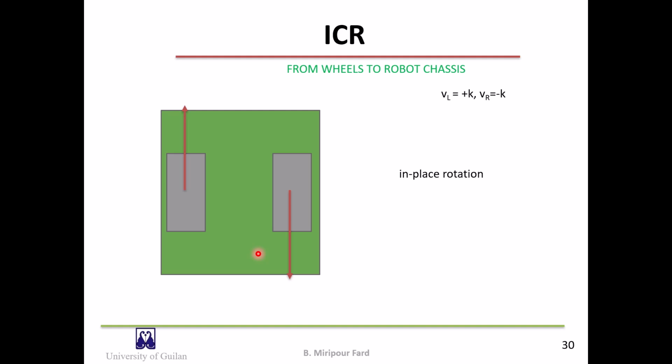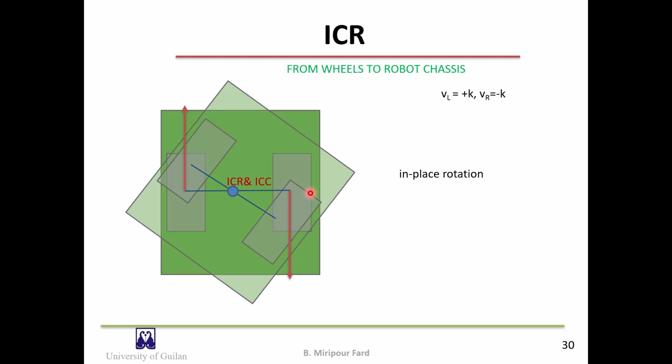If the velocity of the right wheel is negative k, and the velocity of the left wheel is positive k, the robot will perform a rotation about the midpoint, and we call this in-place rotation. In this case, the ICR and ICC will be the same and will not change over time.